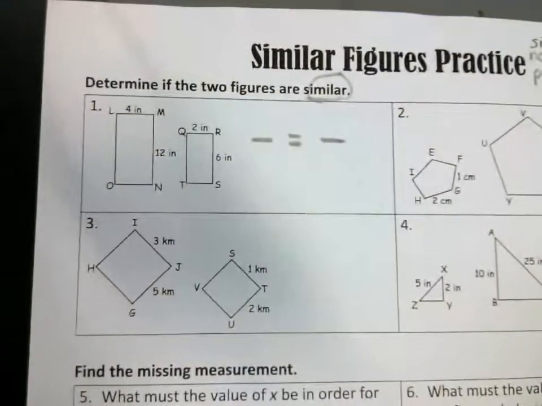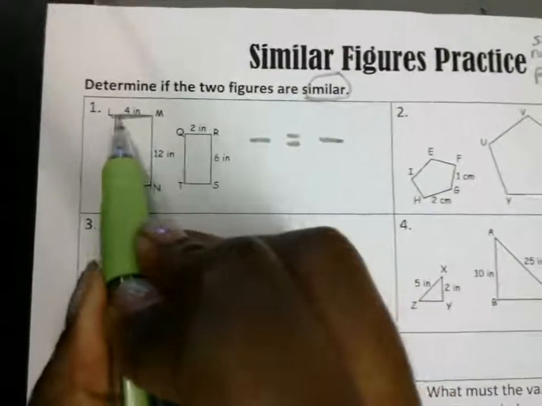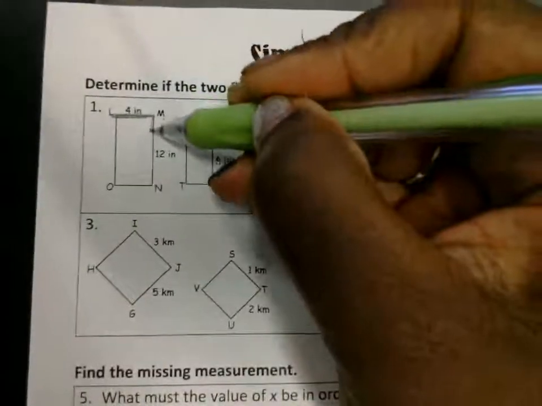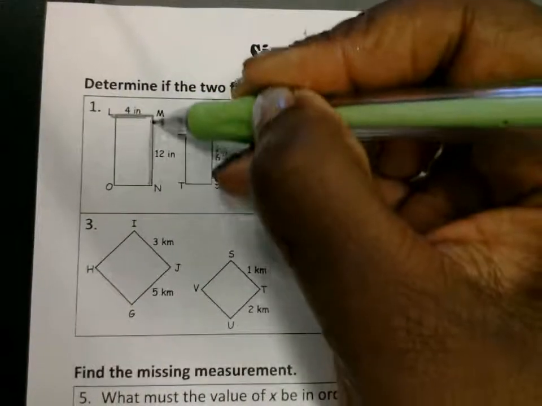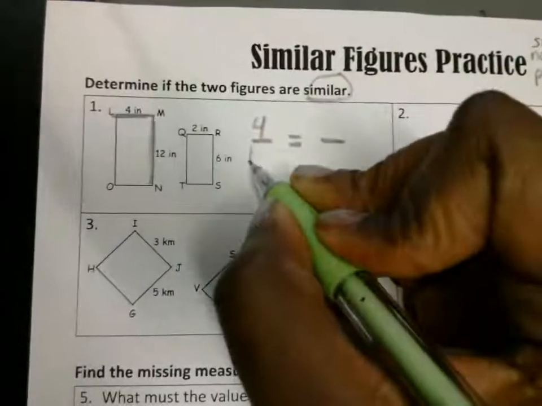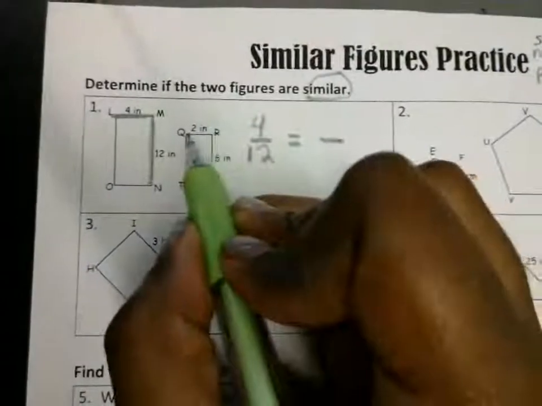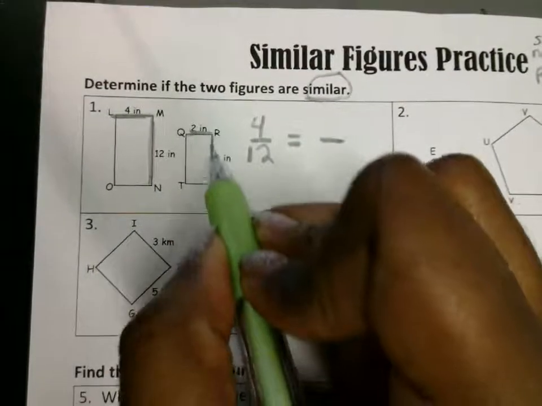So a proportion by definition is where you have two ratios that are equal to each other. We are going to compare the top side to this vertical side. So top side is 4, the vertical side is 12. So we're comparing top side to the vertical side.